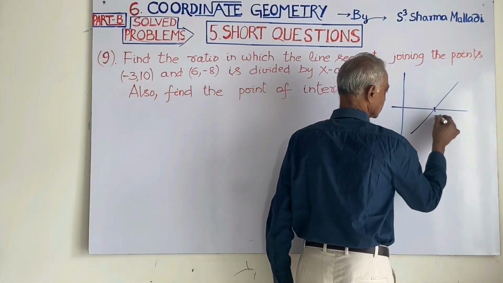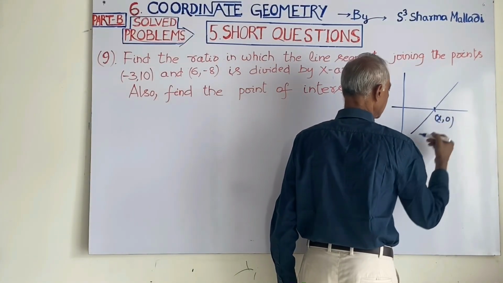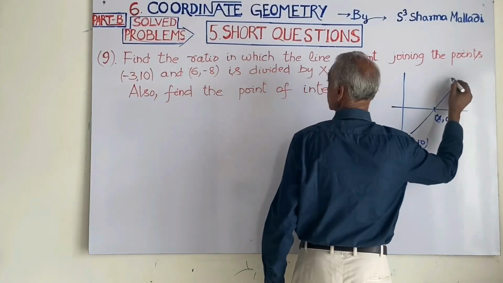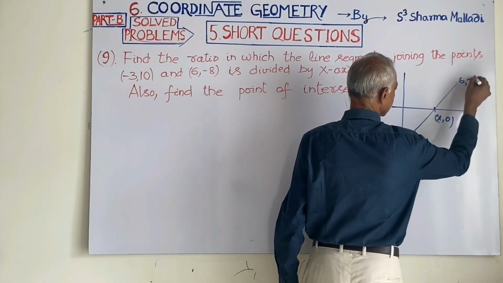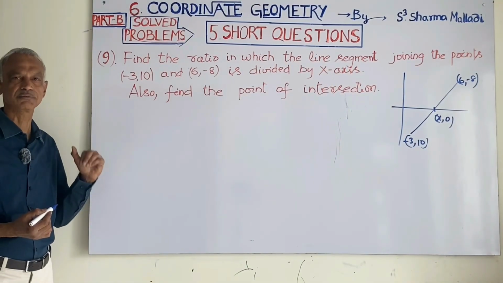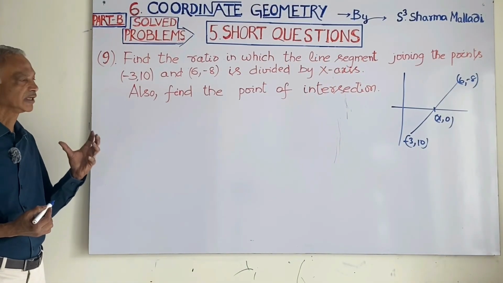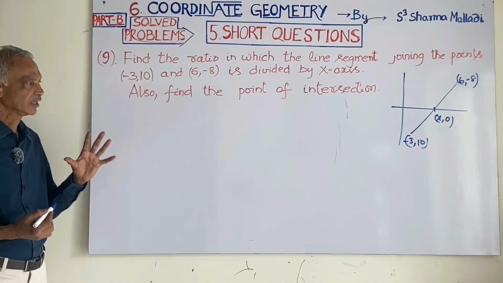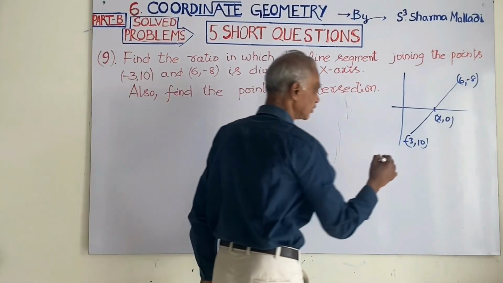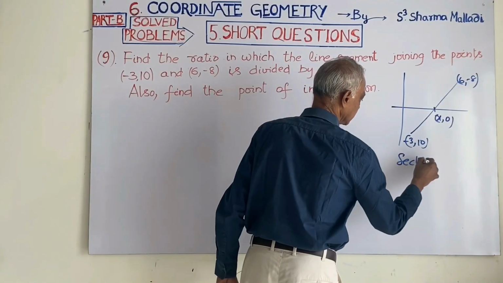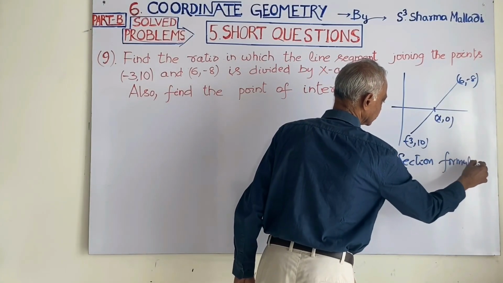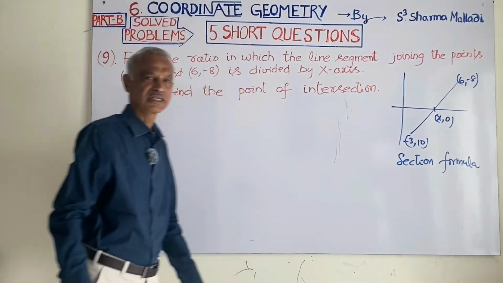Let the points be (-3, 10) and (6, -8). We have to find the ratio m1 is to m2, or m is to n. Which formula do we have to use? We have to use the section formula.